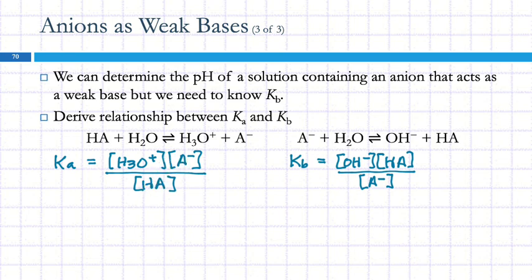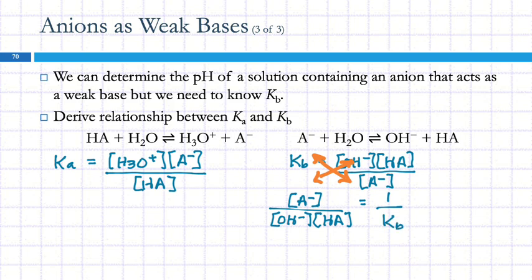So I'm going to cross multiply, and I'm going to get A minus over OH minus times HA is equal to 1 over Kb. You can think of that as cross multiplying, or you just inverted the whole thing.